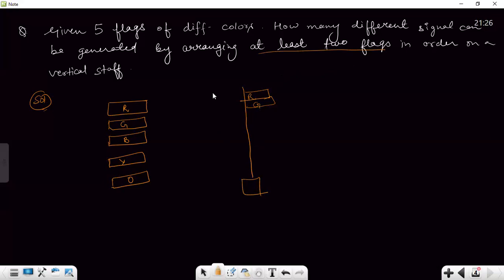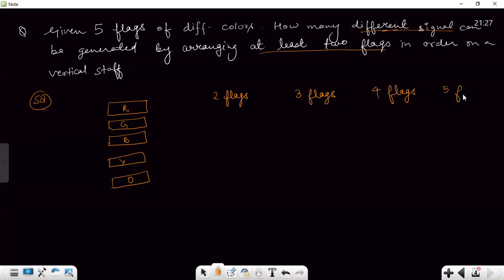Okay, cool. Now we have to talk about all the contingencies and tell how many different signals can be generated by using 5 flags. The condition is that we have to use at least 2 flags. So let's first start with 2 flags, then we'll discuss 3 flags, then 4 flags, then 5 flags.